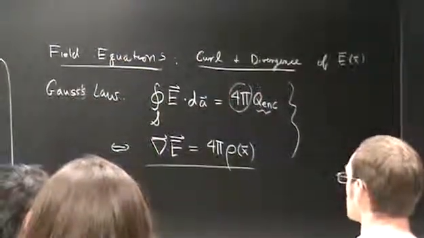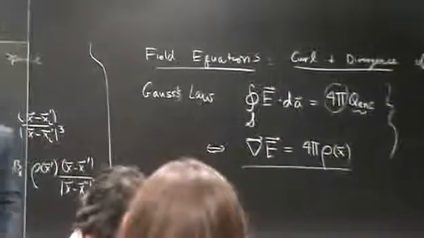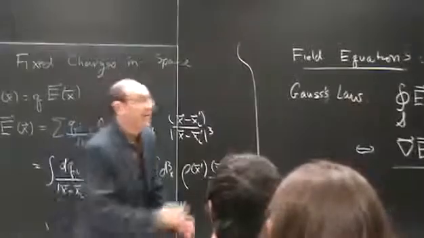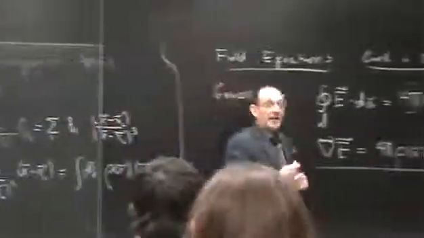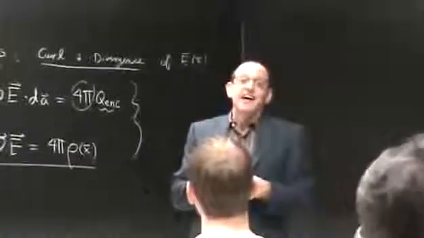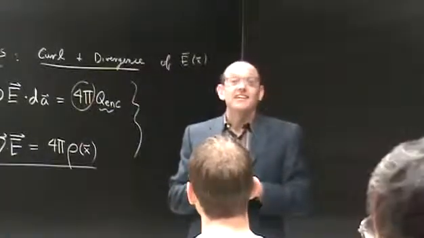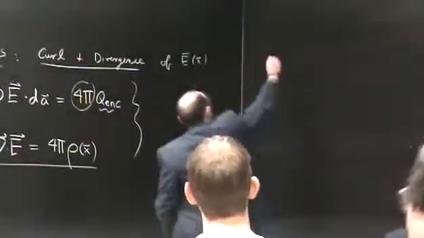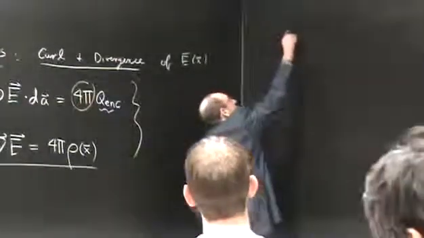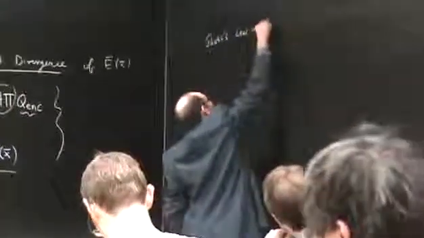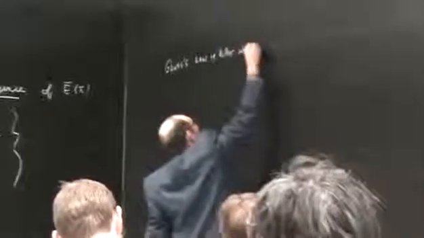So the question is, when can you and should you use Gauss's law to determine what the electric field is? Yeah? When you have a symmetric situation. Exactly. So the key is Gauss's law is killer when we have symmetry.